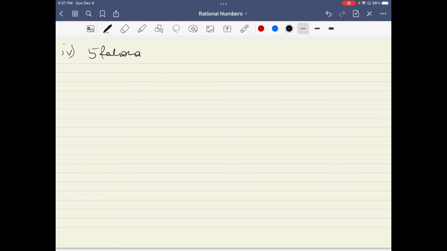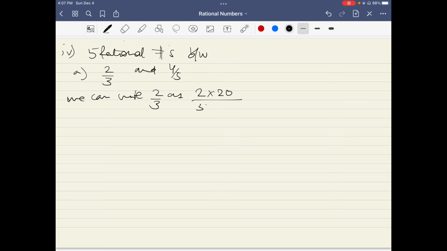5 rational numbers between 2 over 3 and 4 over 5. We can write 2 over 3 as 2 times 20 over 3 times 20, which is 40 over 60.